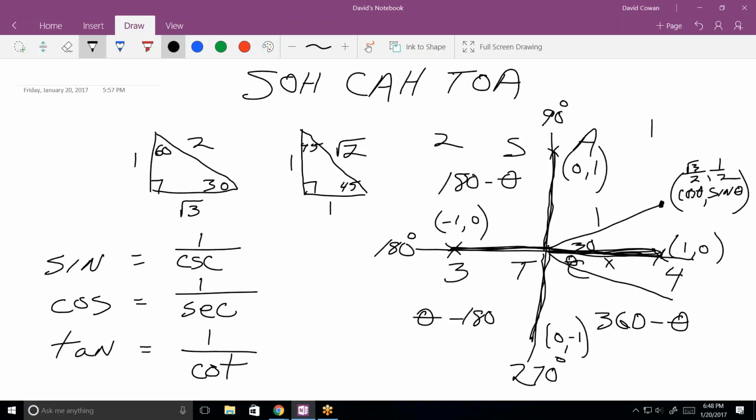There are other trig identities where it's actually going to be easier to know that the sine of minus 30 is the same as minus the sine of 30. Because we all know what the sine of 30 is. It's 1 over 2. So the sine of minus 30 would be minus 1 over 2.